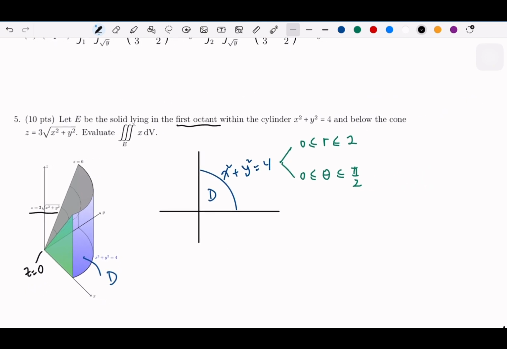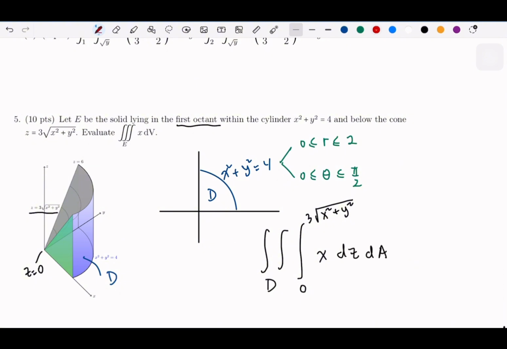Let's write that. This is D, the double integration for the area, and for z I will write from 0 to 3 square root of x squared plus y squared, and we have x, and then dz, and then dA. We suspect that because we have the polar, later we can convert. But we compute the dz first.